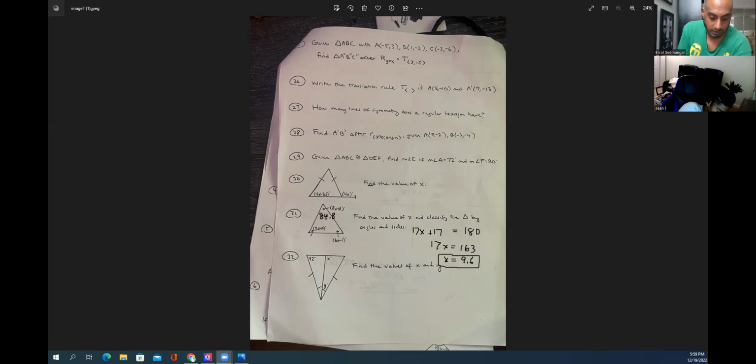Yeah, that makes sense. 9.6 times 3, 38.8 is the bottom left. The top one would be 84.8. And the bottom right would be 6 times 9.6 minus 1, that's 56.6. Okay, since you have three different angles, what kind of triangle?